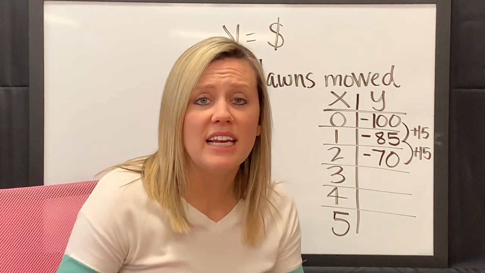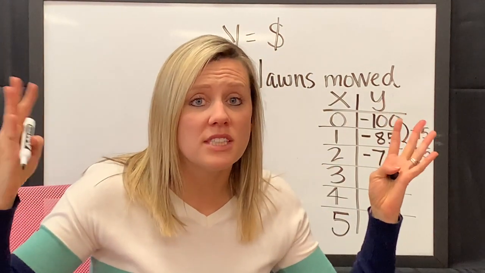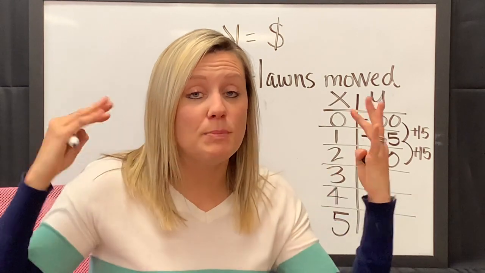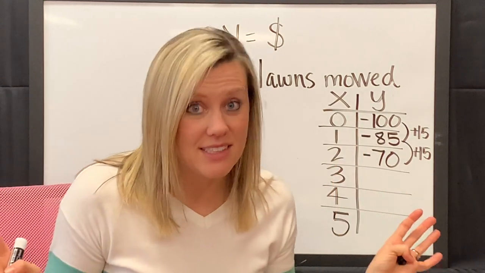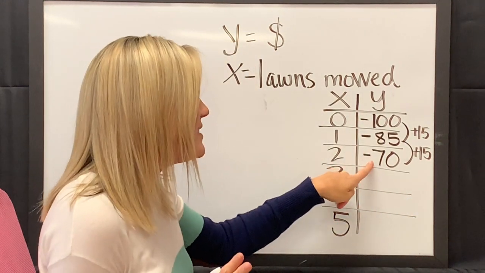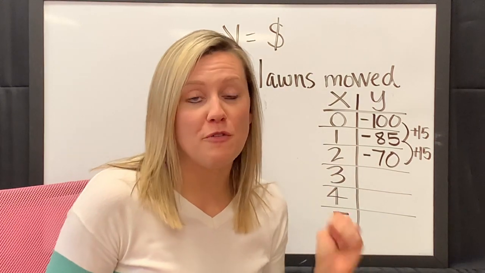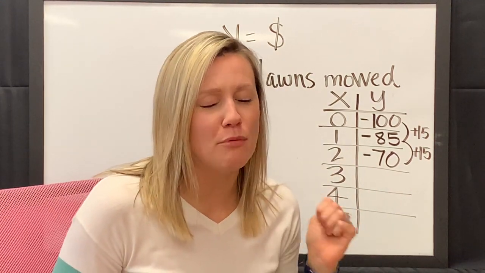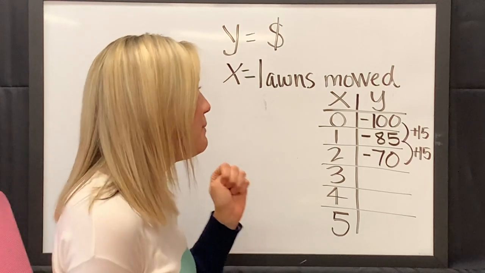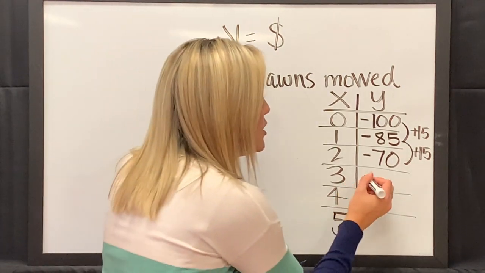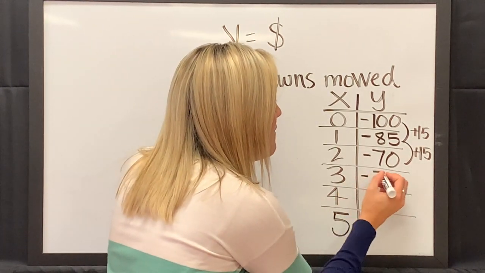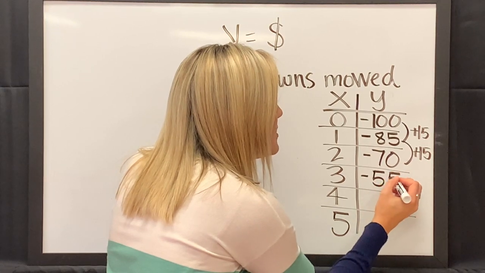If you're in the negatives and you're adding positive numbers, you might still be in the negatives, but it's going to be less, okay? So negative 70, I'm gonna add another $15 to that because I really wanna get out of debt. So I'm gonna go mow another lawn. So I'm only gonna be in debt $55.